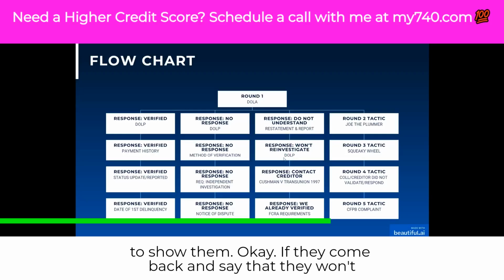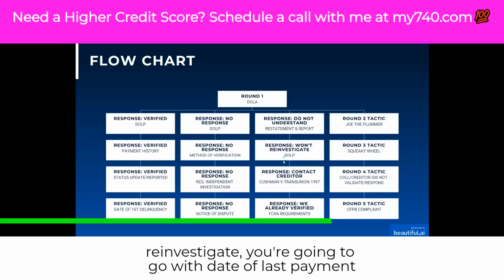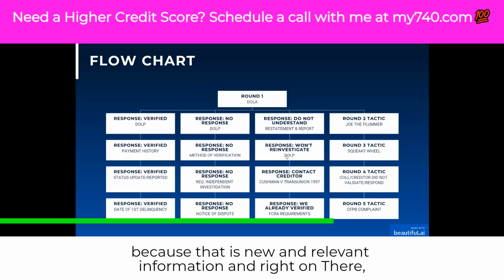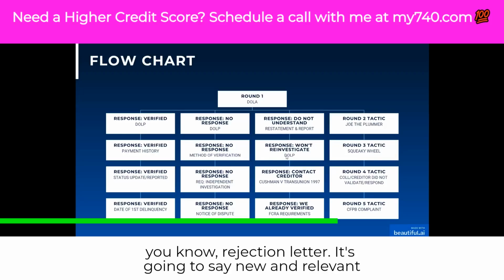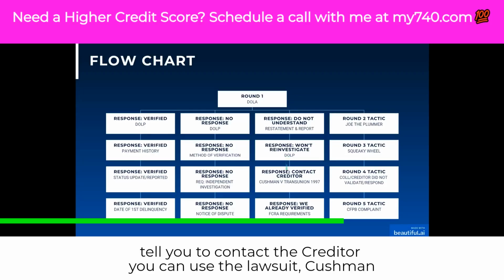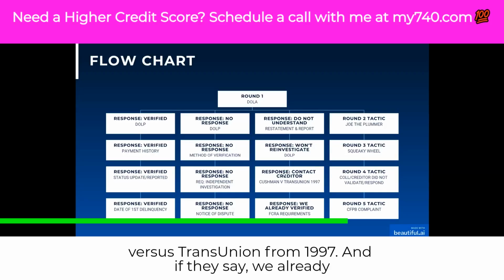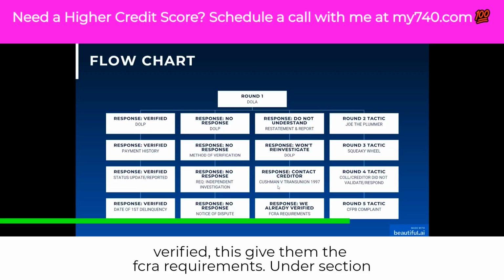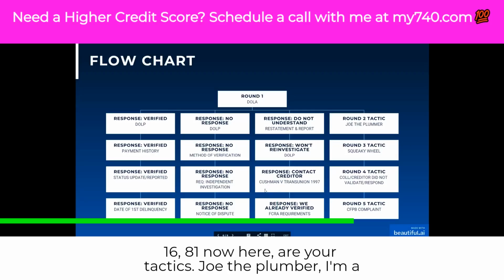If they come back and say that they won't reinvestigate, you're going to go with date of last payment because that is new and relevant information. And right on their rejection letter, it's going to say new and relevant information. Hello, that's a new dispute reason. Now, if they tell you to contact the creditor, you can use the lawsuit Cushman versus TransUnion from 1997. And if they say we already verified this, give them the FCRA requirements under Section 1681.